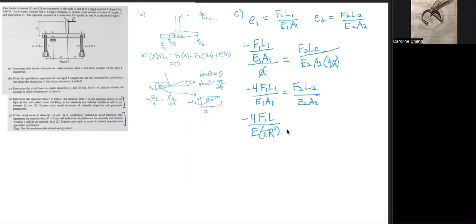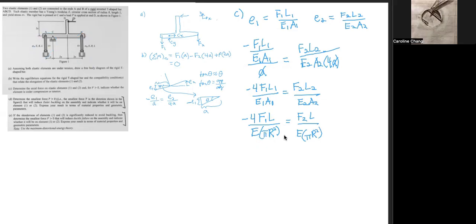After that, we plug in the known values on the right-hand side, which is F2 times L over E times pi r squared, since the values of these two members are equal, which is nice.